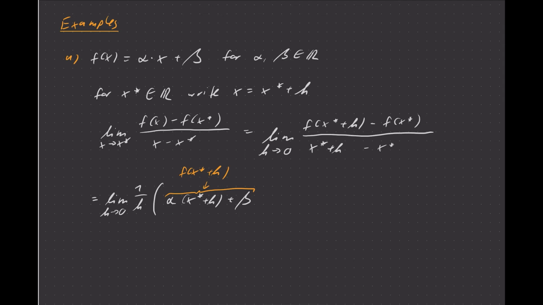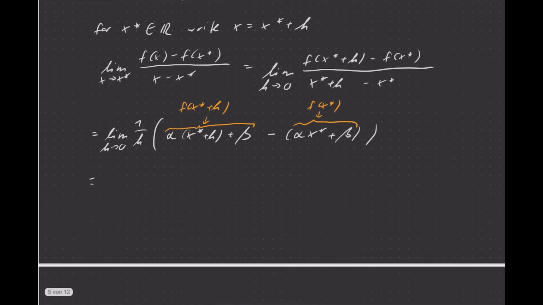And then we subtract f of x star, and f of x star is simply alpha x star plus beta. So this here is the f of x star part. And as you can see, something cancels out.